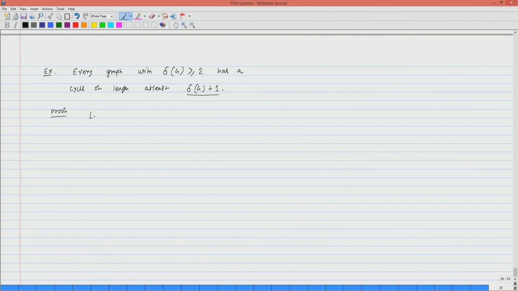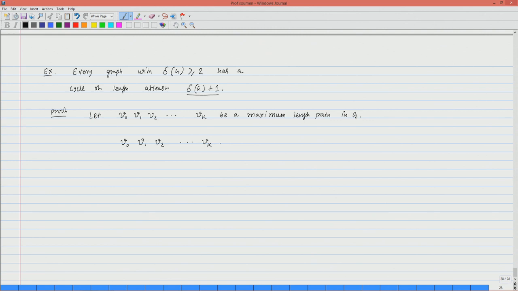Well, so let V0, V1, V2 up to Vk be a maximum length path in G. Here is the maximum length path V0, V1, V2 and Vk.